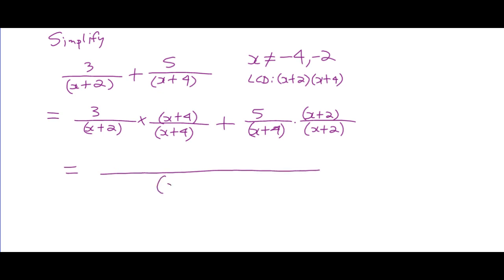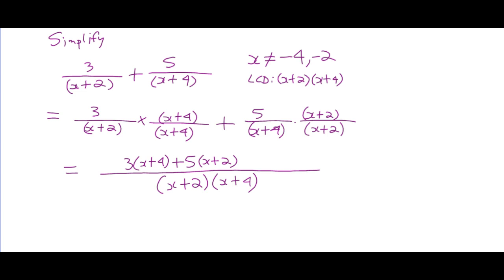So I now have a common denominator, which is x plus 2, x plus 4. Okay, so I'm only going to write that once now. Okay, and now I'm going to do the 3, so what's up top? Well, we've got 3 times x plus 4 plus 5 times x plus 2. So that's what's up top.